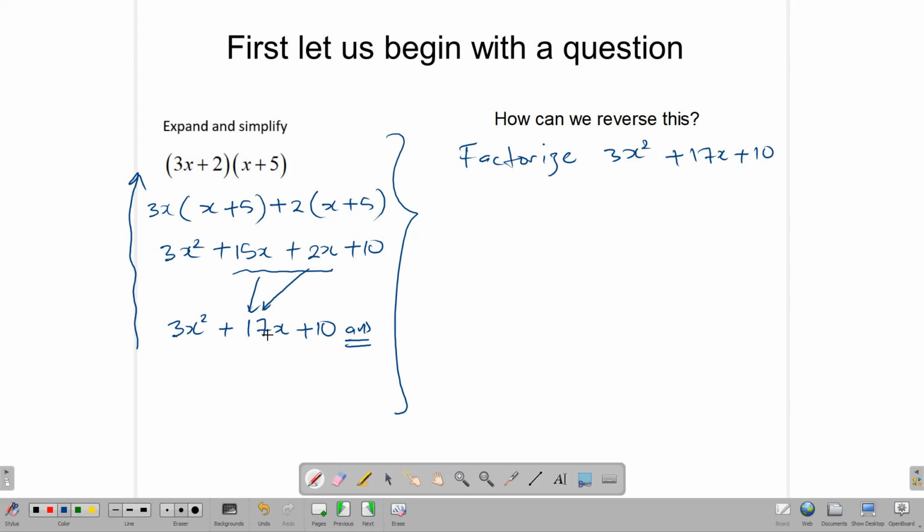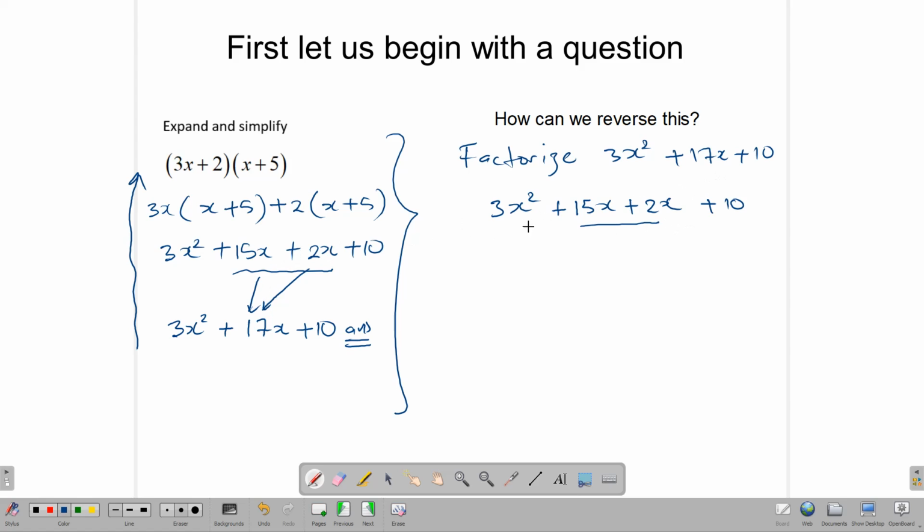So it seems that our next step should be to expand 17x and write it as 15x plus 2x. More on this later. Plus 10. Now the question is, there could be 14 and 3, there could be 12 and 5, so why choose 15 and 2? That is where we're going to get into discussing the AC method in a moment. So we would split that 17 back into 15 and 2.